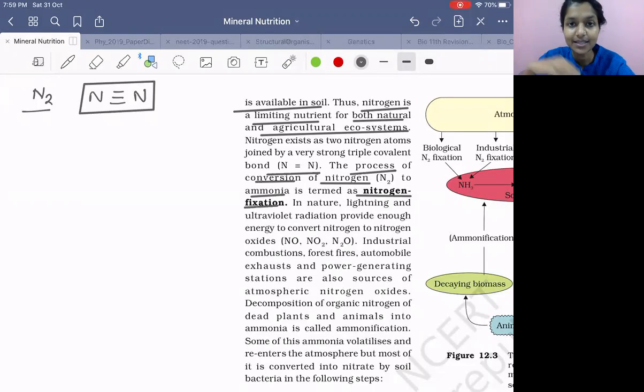Not only this, even the industrial factories that are running, forest fires, and the power generating stations, like DVC where electricity is generated, the powerhouses, all these places release a lot of energy, and all of these have the power to convert nitrogen into nitrogen oxides.